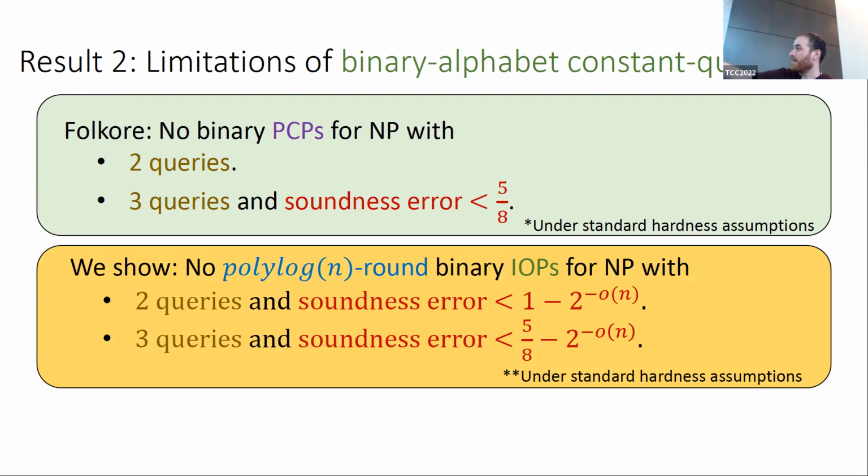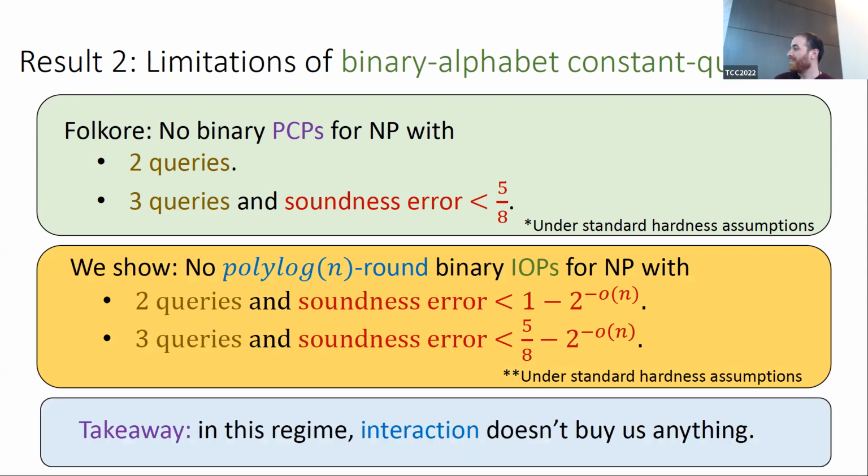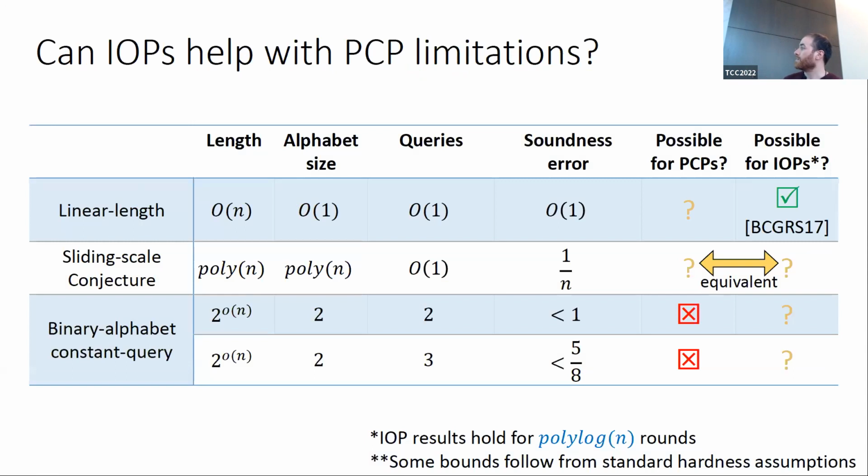So other than this very close thing, the takeaway is that in this regime, interaction is not really going to buy anything. So going back to our table, as long as we add this small caveat, we still know that binary alphabet constant query IOPs, we can't construct them.